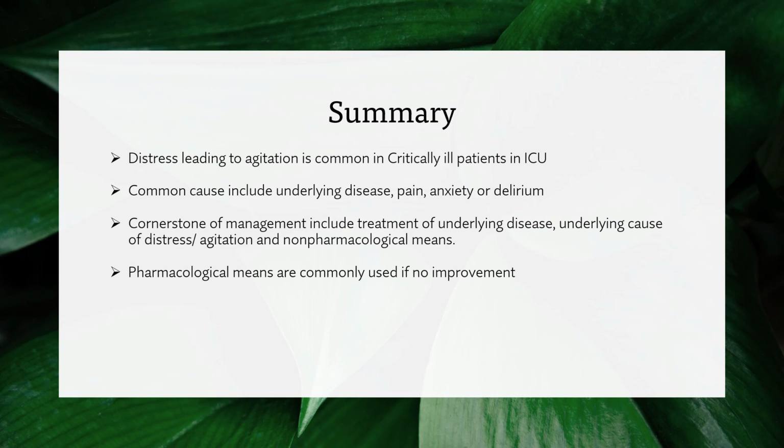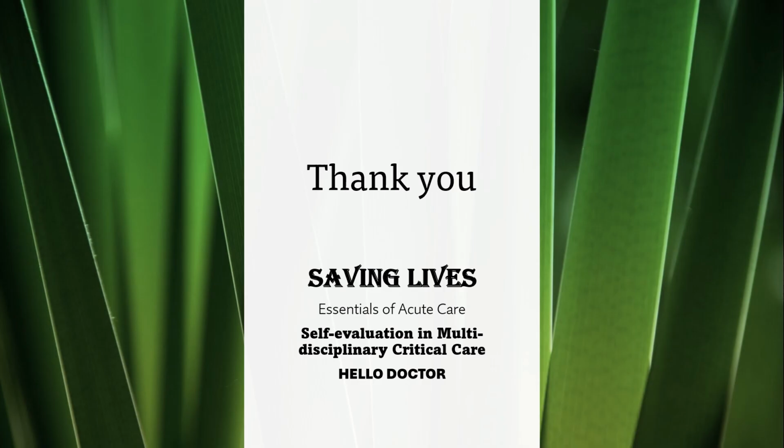The cornerstone of treatment includes management of underlying disease like treatment of respiratory failure or shock, and identifying the underlying cause of distress and agitation, mainly whether pain, anxiety or delirium is responsible, and treatment for the same by non-pharmacological means. Pharmacological means are commonly used if there is no improvement.